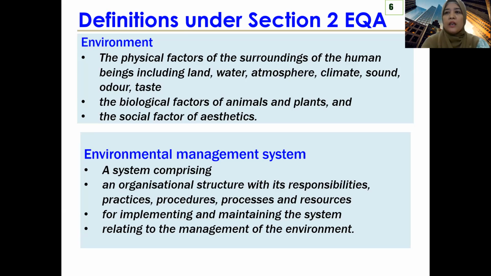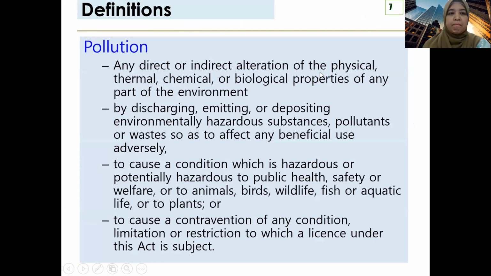Or if a license is given to a prescribed premise, the conditions in the license are being observed, and no breaches of conditions are being incurred by the party who applied for the license, which in another word is the licensee. Pemegang lesen ialah licensee.